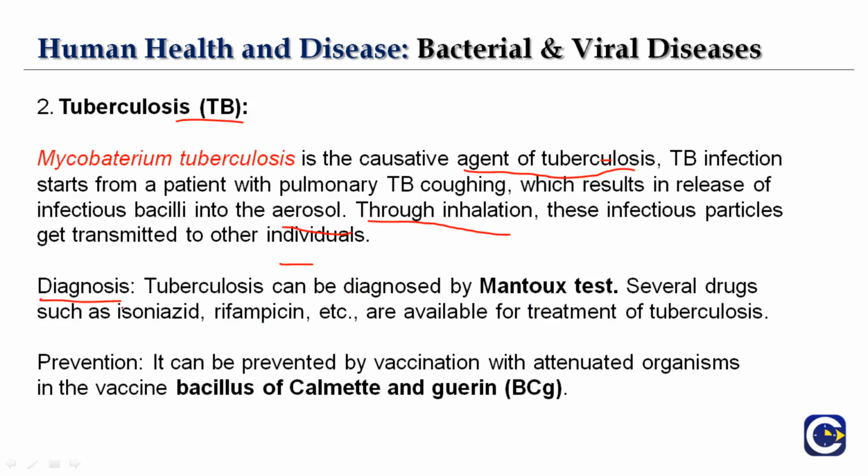Several drugs such as, so you have drugs like isoniazid, then you have rifampicin. All these drugs can be used, or they are also available for the treatment of tuberculosis. Okay, so mostly the person who is having tuberculosis, they're identified with the help of certain characteristics.